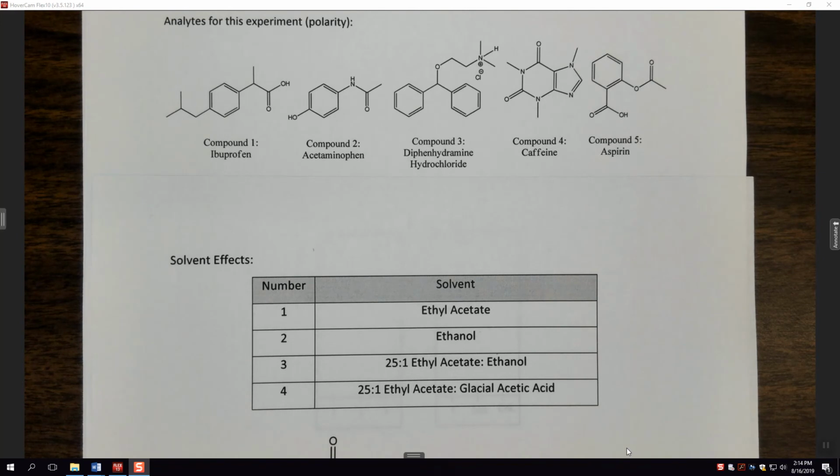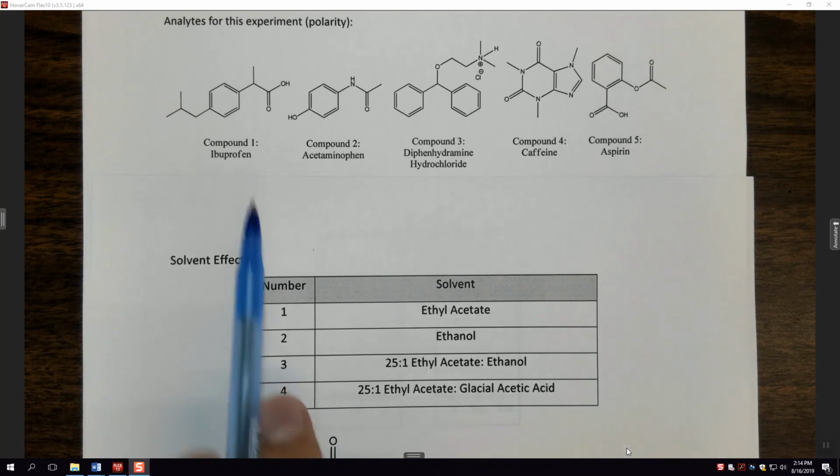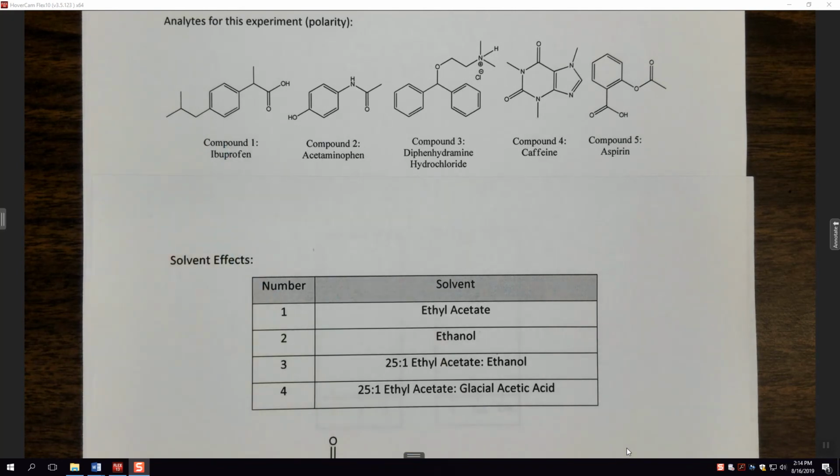So I know we were throwing you a little bit in the deep end with this experiment because there's a lot going on here, and we're giving you molecules where it's not obvious which is more and which is less polar. However, I hope the experimental evidence will give you a better understanding of what is going on and whether or not it's possible to separate these compounds.